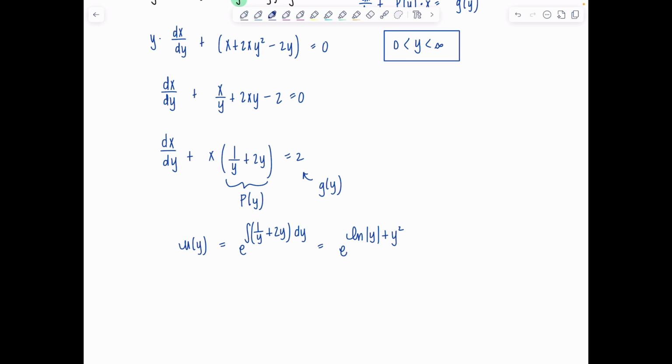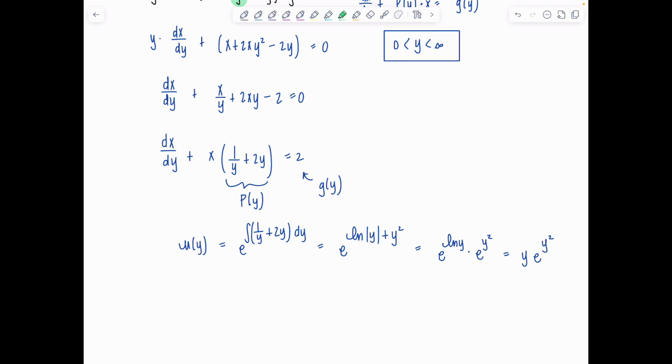And then we know we don't need the absolute value on y because y is already positive. So I can write this as e to the ln of y times e to the y squared, which is going to give me y times e to the y squared. Ooh, what a cute integrating factor.